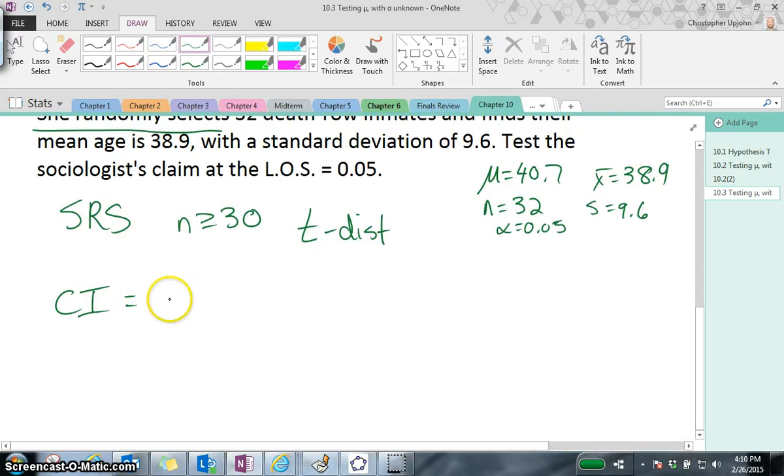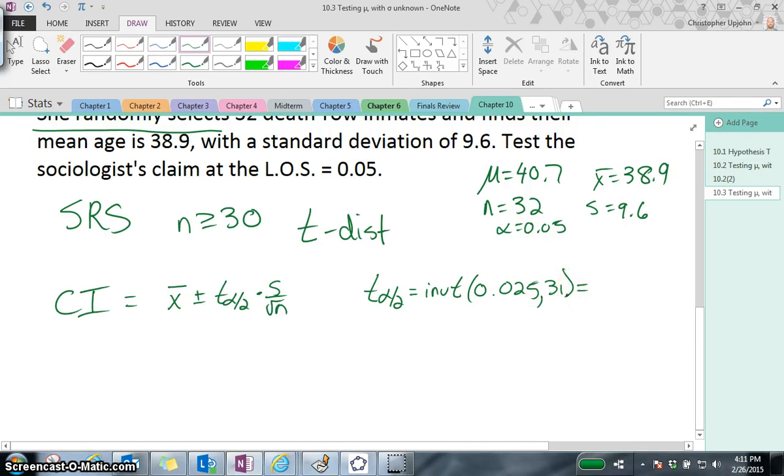Again, just like what we did last chapter, x bar plus or minus t alpha divided by 2 times s over square root of n. t alpha divided by 2 is, of course, t 0.025. Our alpha is 0.05, got to divide it by 2. And degrees of freedom is n minus 1, our sample size minus 1, so 31.